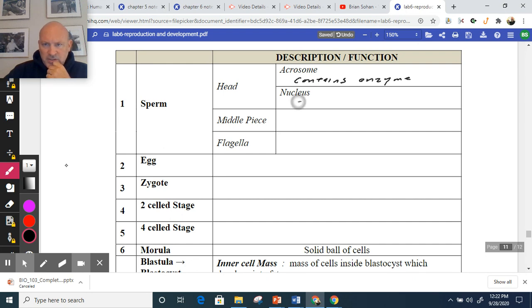The nucleus is going to contain the chromosomes, the genetic material. The midpiece is packed with mitochondria because remember, these cells are moving quite a bit, using a lot of energy. Mitochondria provide that energy as it is using this whip-like tail.